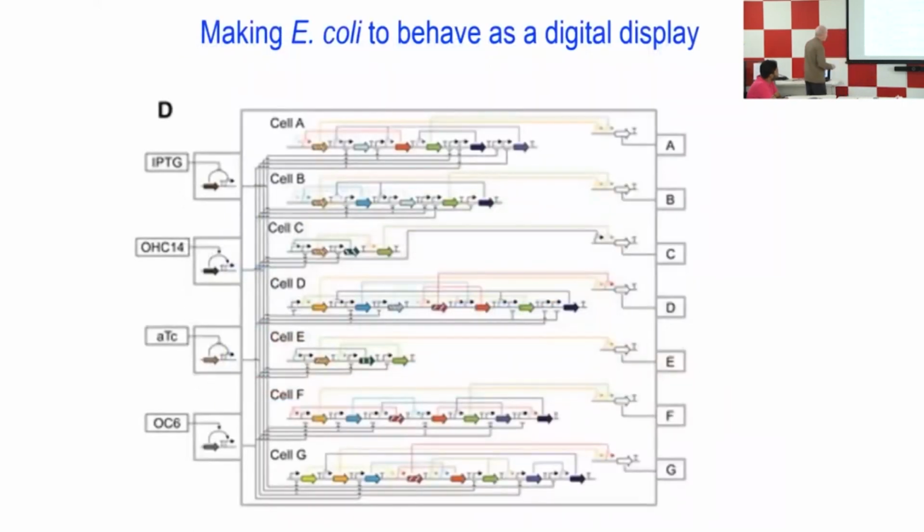So what these people made with the Cello system was to develop circuits for each of the outputs. Remember that we need 4 inputs, and in one case a combination of 2 inputs. And then at the end, you have 7 possible outputs, and the shape and the illumination of different outputs will give you the shape of the corresponding numbers.